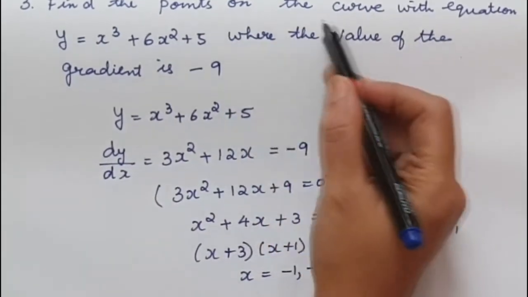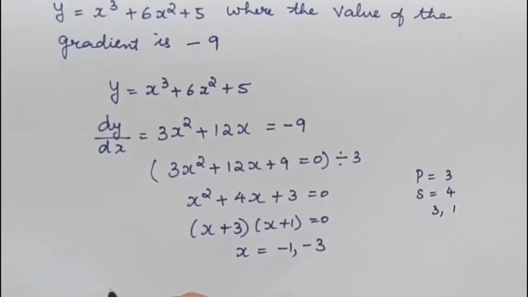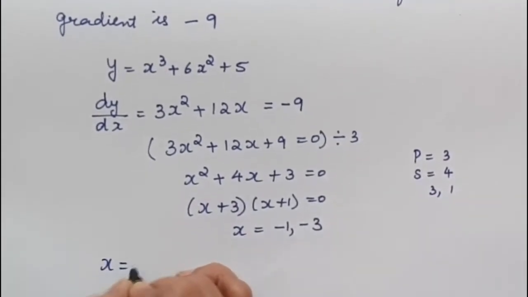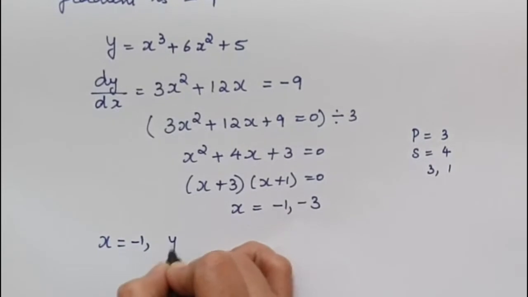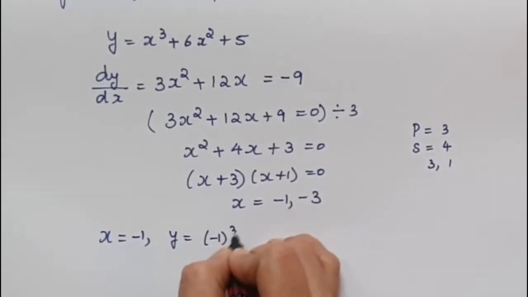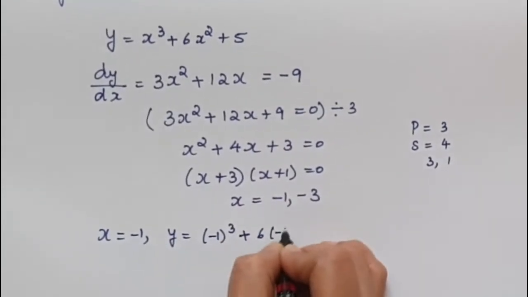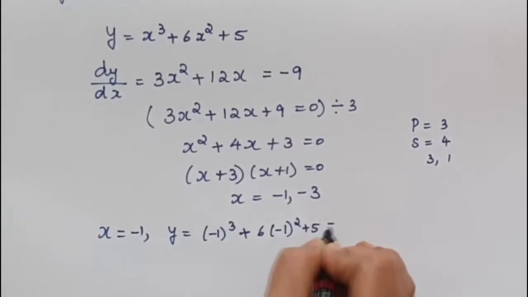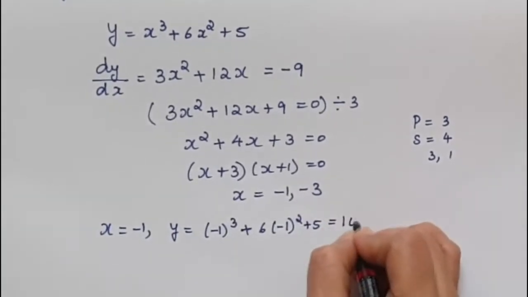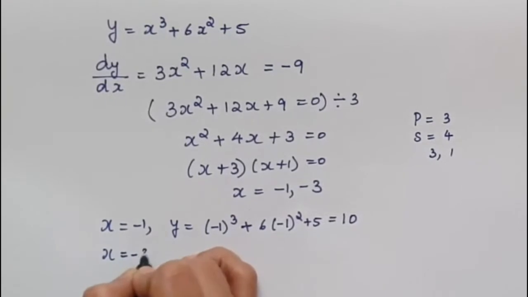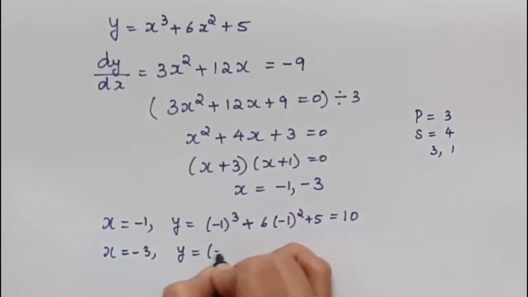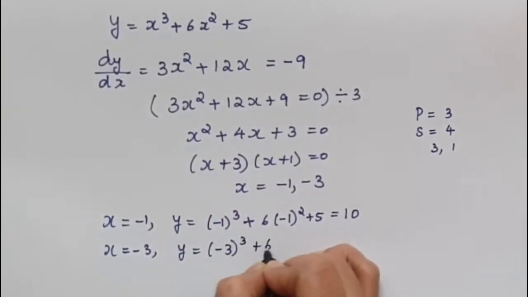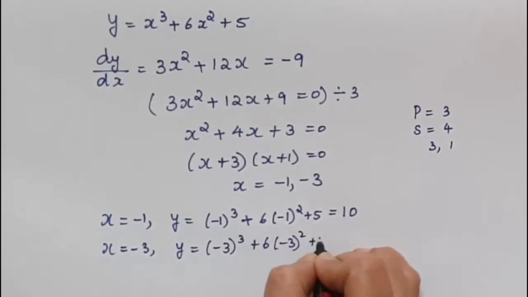Now we are asked to find the points on the curve. So now when x equal to negative 1, we need to find the y value. When x is negative 1, y will be equal to (minus 1) cubed plus 6 into (minus 1) squared plus 5. When we simplify this, we get it as 10. In the same way, when x equal to minus 3, y will be equal to (minus 3) cubed plus 6 into (minus 3) squared plus 5.